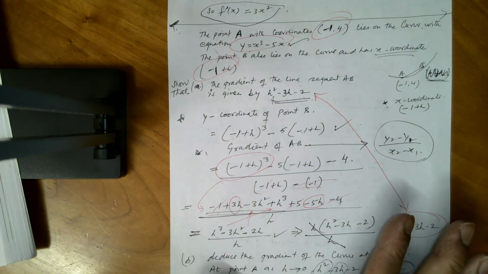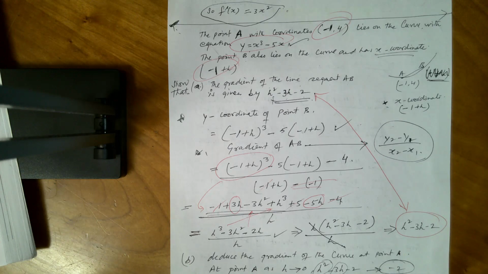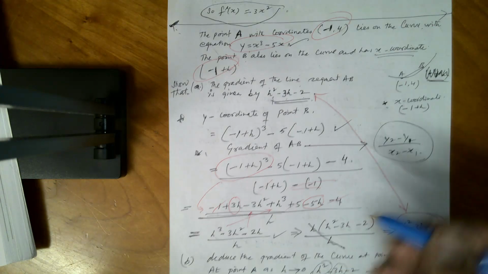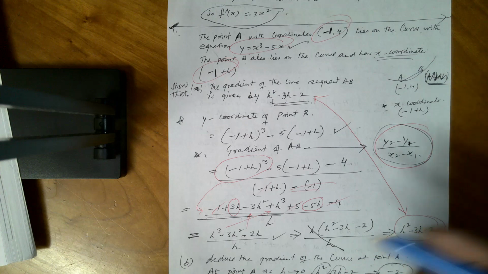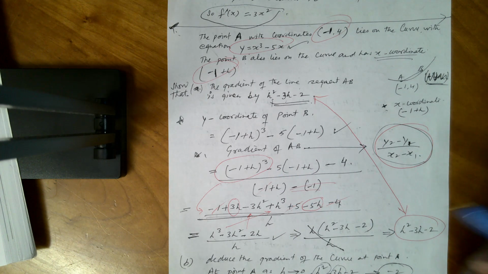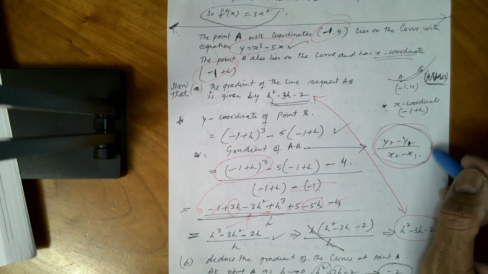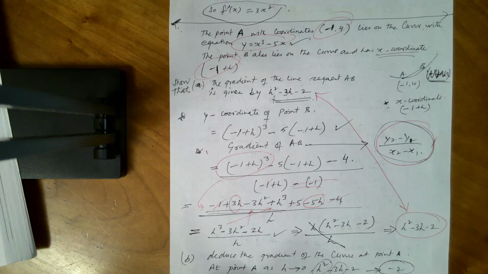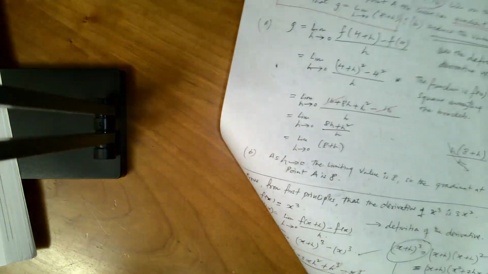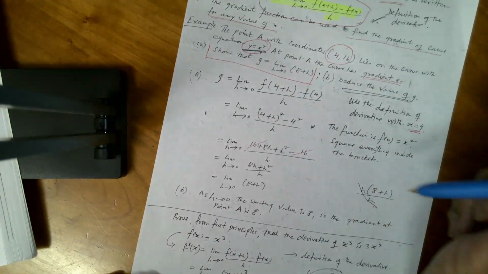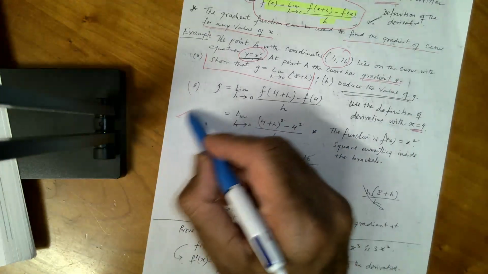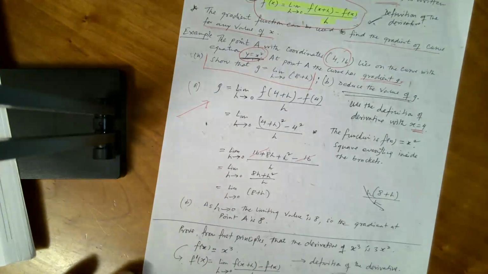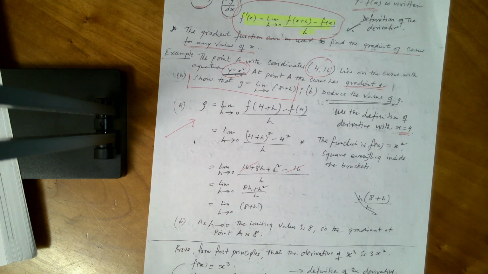So you might have this where you have to use this form. Like this has been discussed, it's just the gradient of any line, and that can be found with this formula. And also we have used here the definition of the derivative as well, and you can use that as well.